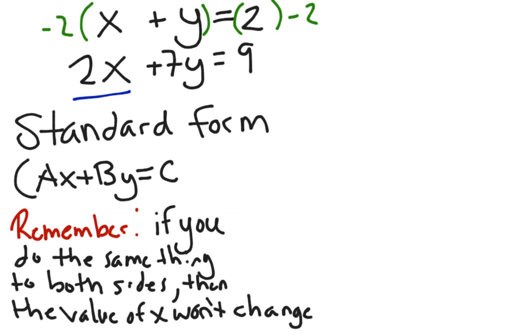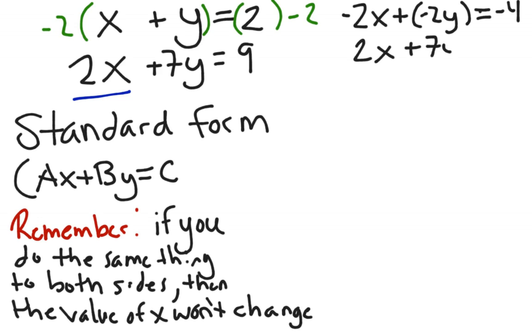So I'm going to do this multiplication, and my equation becomes negative 2x plus negative 2y equals negative 4. And my other equation is 2x plus 7y equals 9.